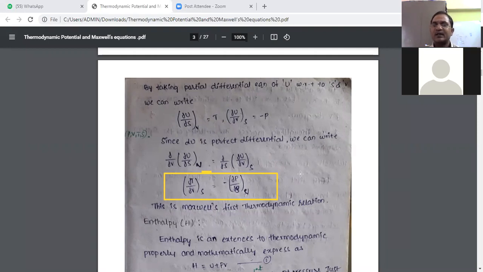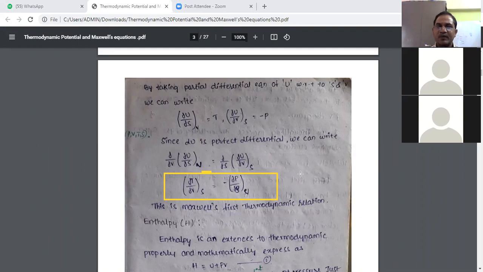Since du is a perfect differential, we have written ∂/∂v of ∂u/∂s is equal to ∂/∂s of ∂u/∂v. From that, we got (∂T/∂v) at constant s is equal to minus (∂p/∂s) at constant v.